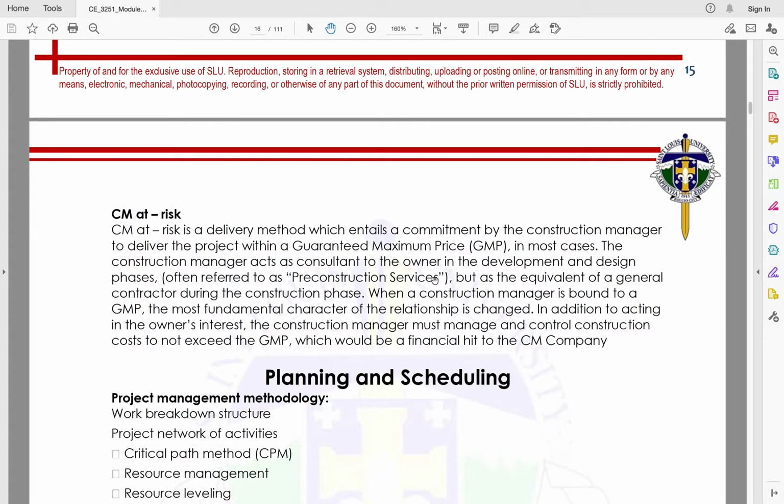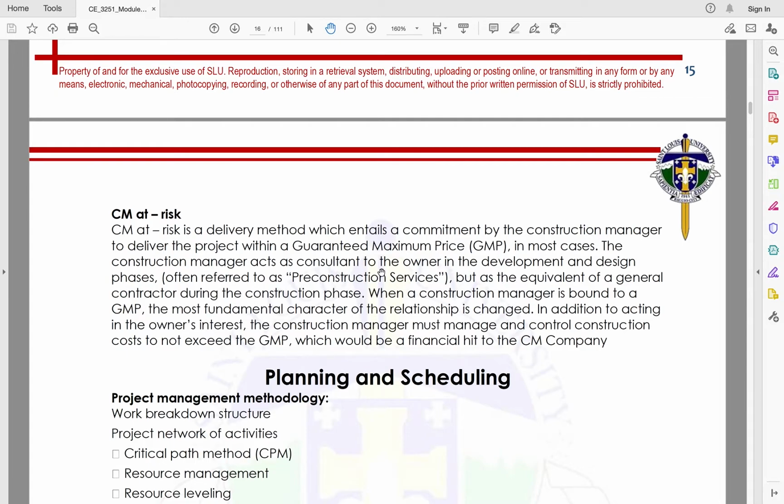Okay? So, ano bang mga mangyayari? How will it go? Ano ba yung mga dapat i-consider? Yan. So, but as the equivalent of a general contractor during the construction phase, when a construction manager is bound to a GMP, the most fundamental character of the relationship is changed.